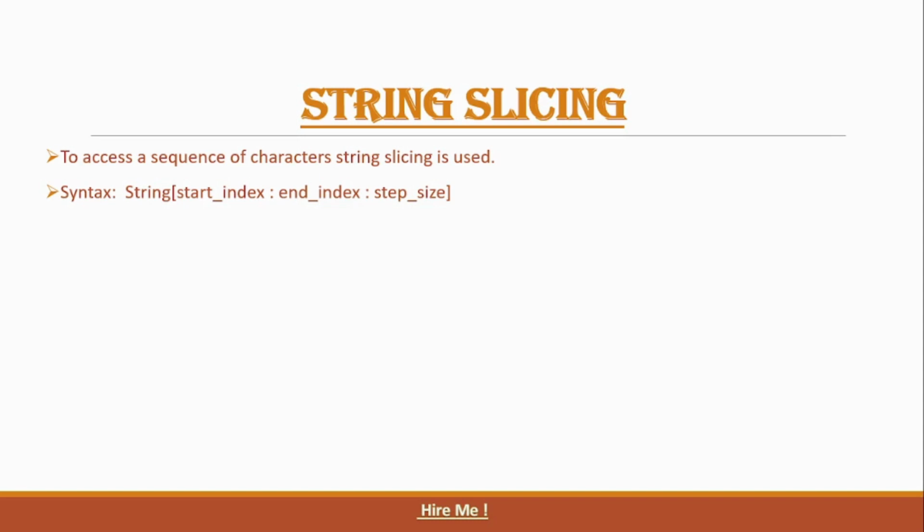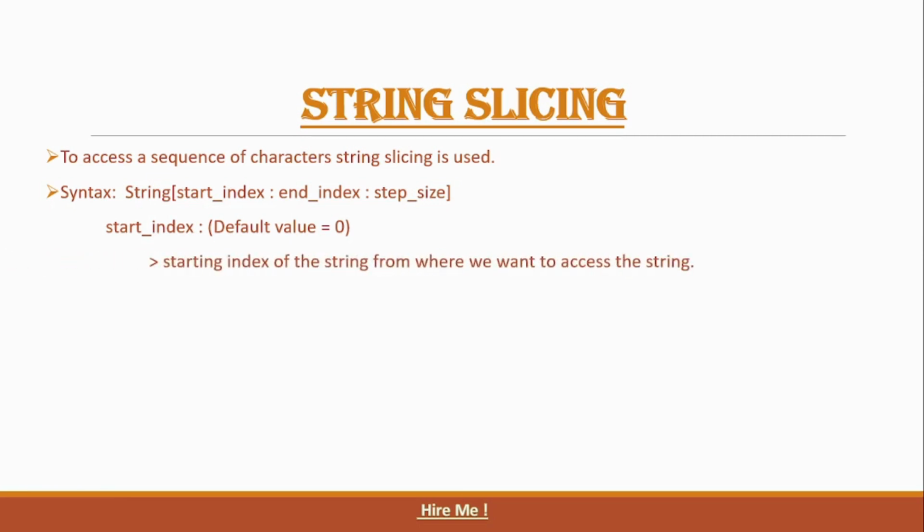Now let's understand in detail what is the start index, what is the end index, and what is the step size. The default value of our start index is always going to be 0, which means it will always start from the 0th index of our string, that is the first character of our string.